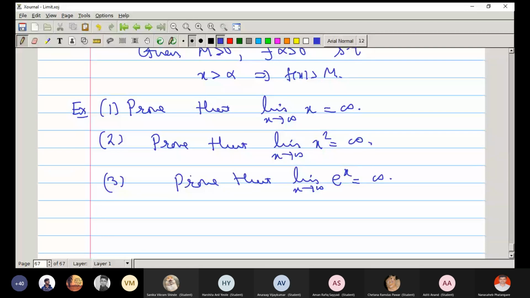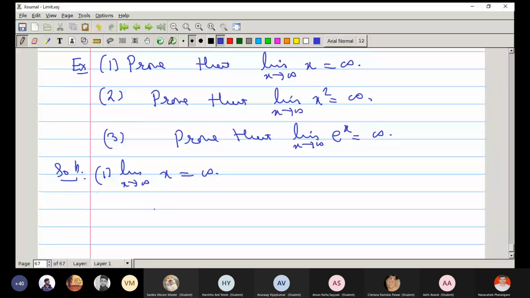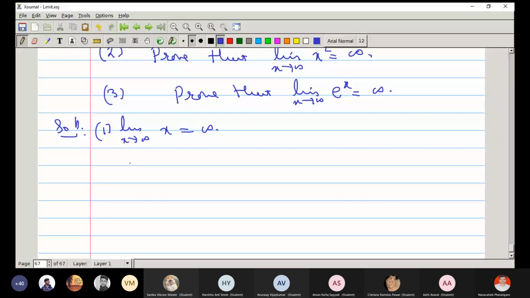There are some other functions also for which you would come across this situation. So for example, if you want to prove that the limit as x tends to infinity of x is infinity, how will you prove this? What is the claim?